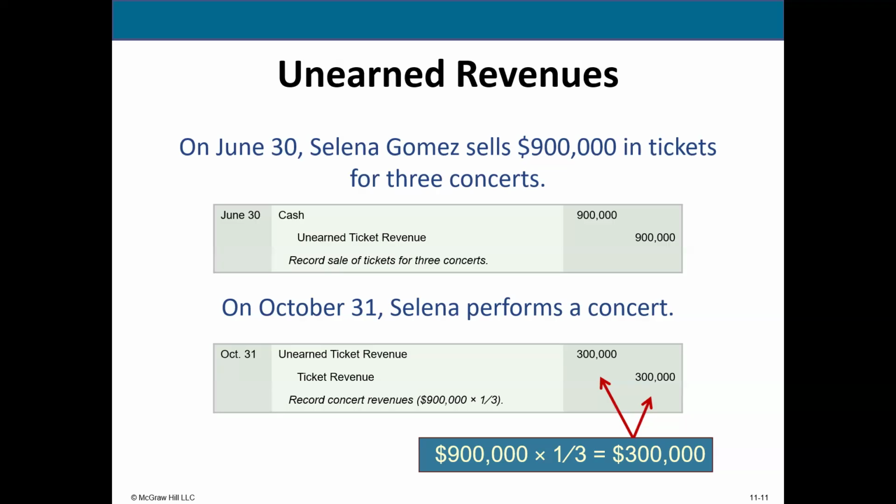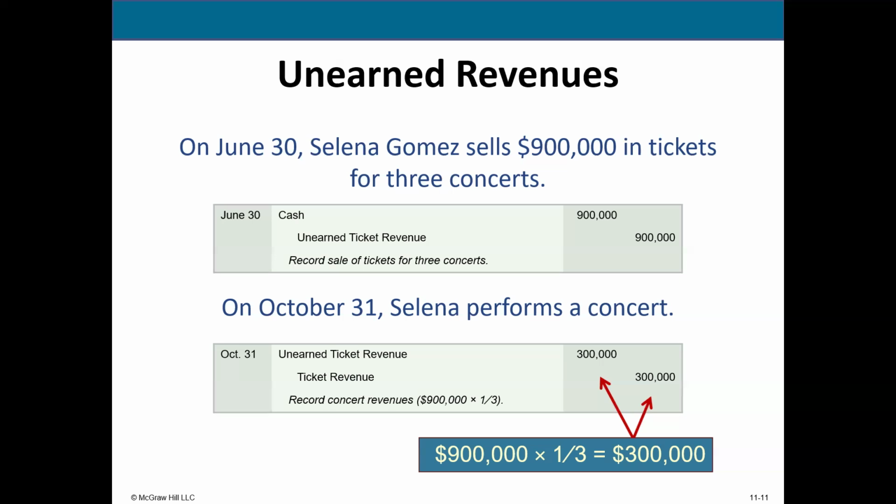Then when she goes to perform her first concert, she needs to recognize revenue at the end of that concert. And so I imagine her accountant would debit unearned ticket revenue and credit revenue. Now you'll notice that it's for 300,000, not for the full 900. The reason being is because the 900,000 represents 3 concerts.